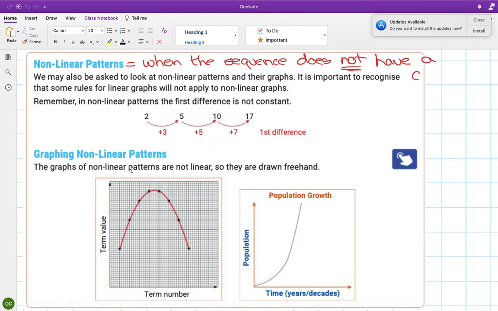A non-linear pattern is one that does not have a common difference. And if you remember from the previous chapter, we looked at a couple of non-linear patterns. We looked at quadratic, we looked at cubic, and we looked at exponential.